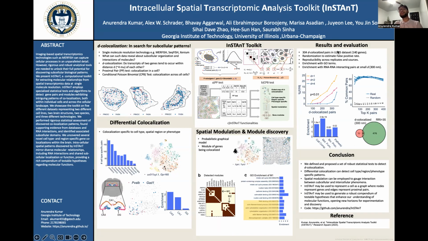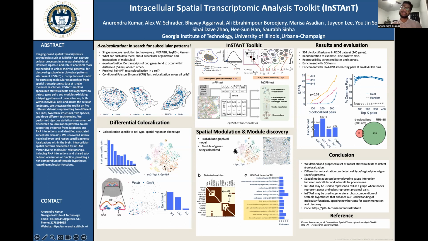We ran InSTAnT on 5 datasets. Our first dataset was the U2OS dataset where we detected 304 decolocalized gene pairs at a false positive rate less than 1%. And we also showed that InSTAnT can detect very reproducible results across replicates and sources.